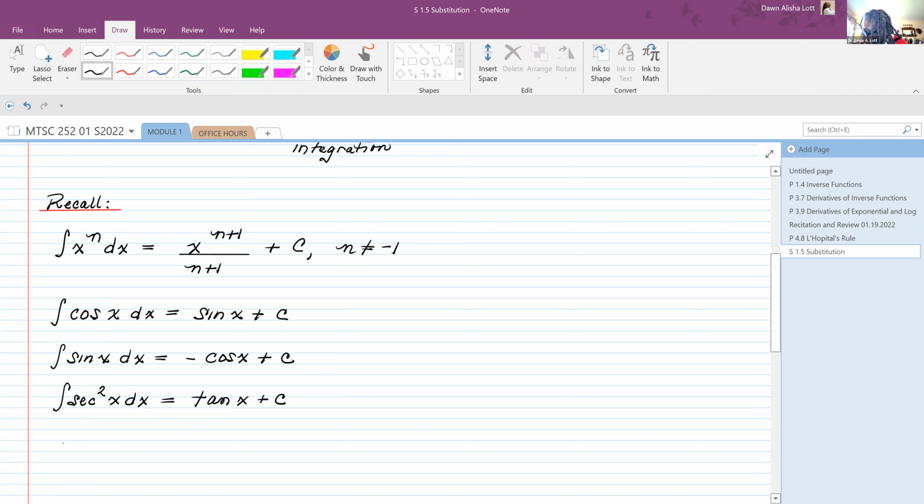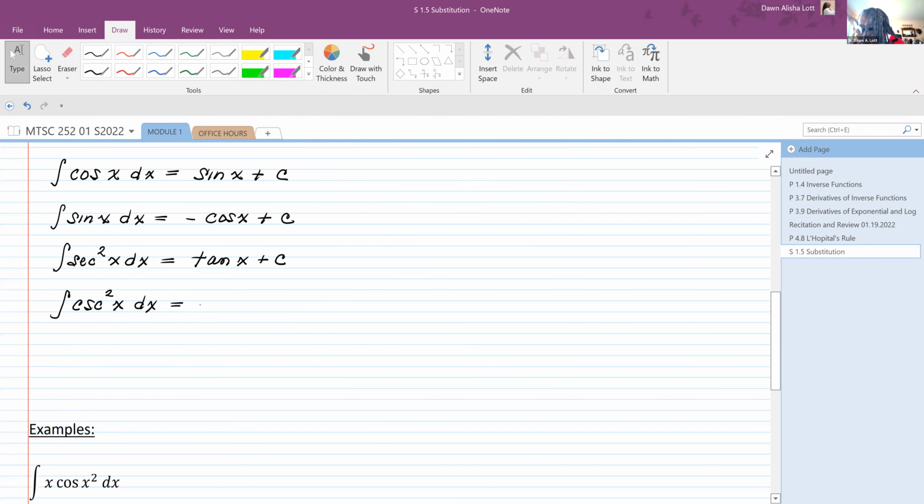We know the integral of cosecant squared x is negative cotangent x. And we know the integral of secant x tangent x dx is secant x plus a constant.